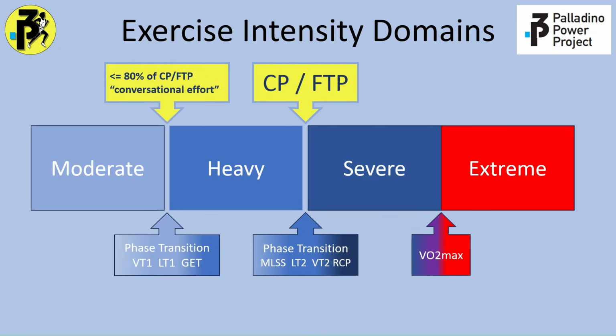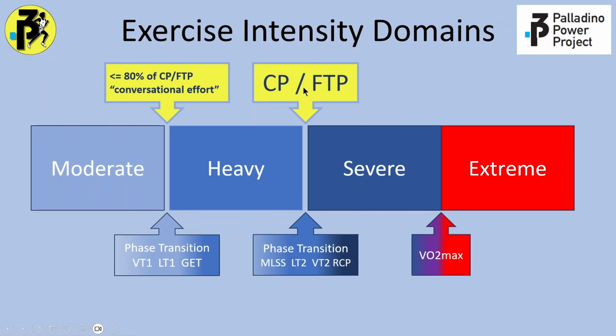In that other video that I just mentioned, and we'll link in the description of this video, I presented this slide, which talks about the two threshold or two phase transition anchor points. One being the first phase transition, which in power sense, is conversational effort running, and it's usually less than 80% of valid FTP-CP.